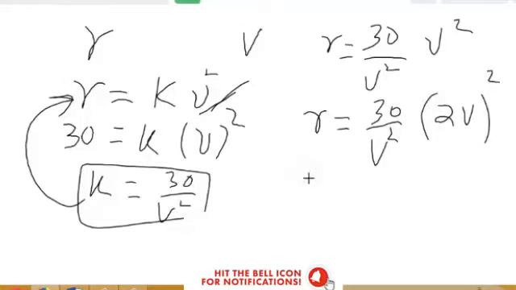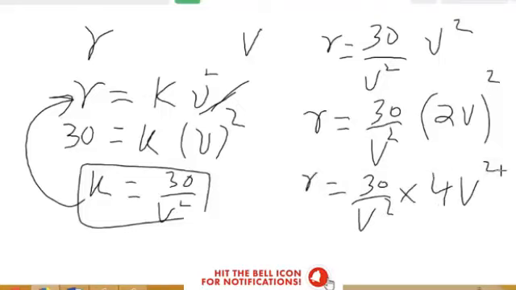Then resistance R is equal to 30 over V square, times 2 square is 4, times V square. I will cancel this, and 30 times 4 is 120. So the resistance is 120. This is how we can solve this question.